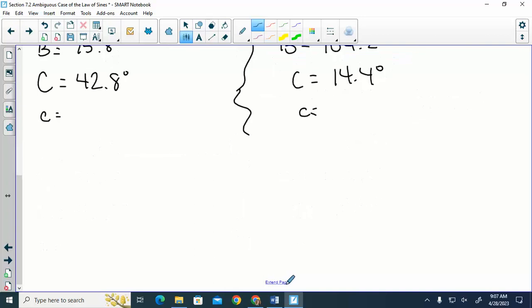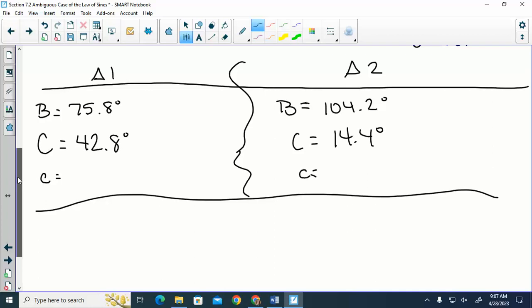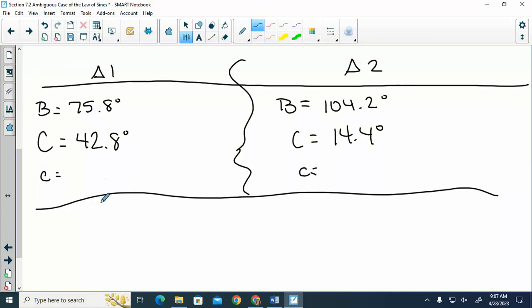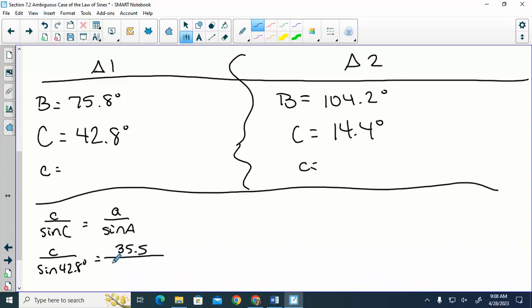Okay. So to find that, we have to do the law of sines. So now this is like yesterday. If you have two angles and you're looking for that side. So I have to do C over sine C. And you could use A or B. I'm just going to go with A. A over sine A. So C over the sine of 42.8 degrees equals side A was 35.5 divided by the sine, angle A was 61.4.